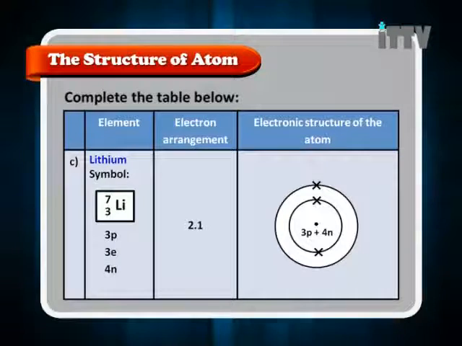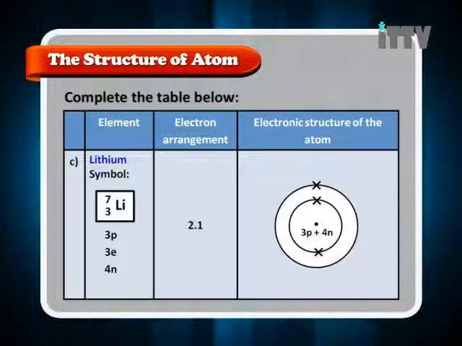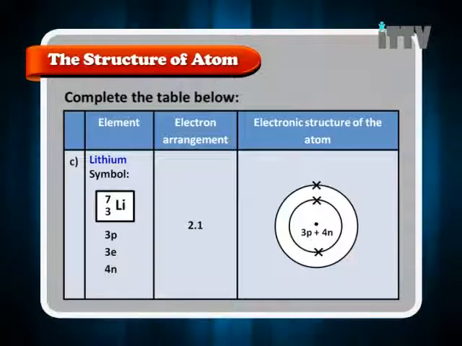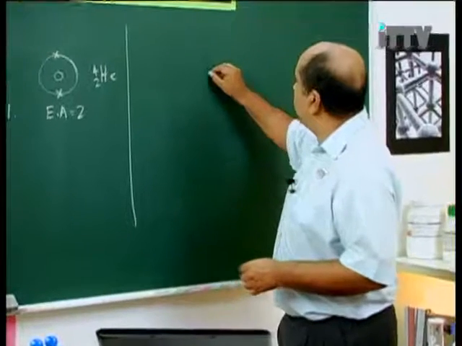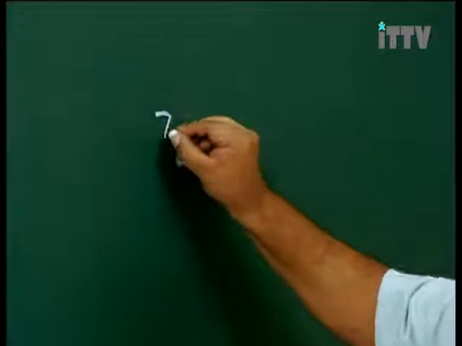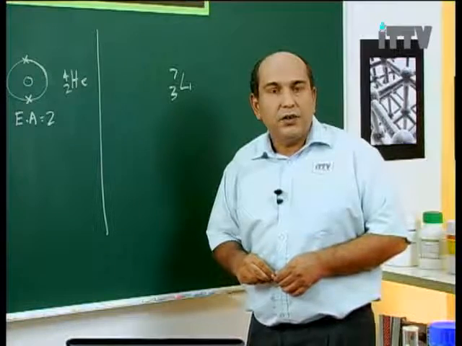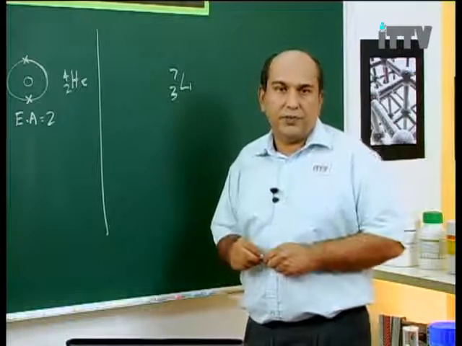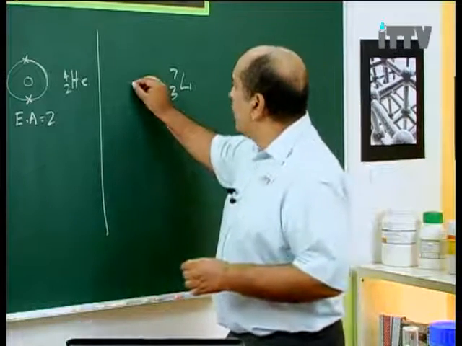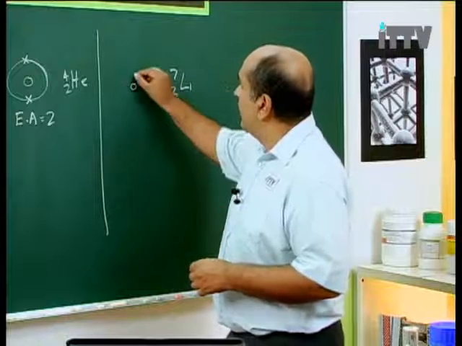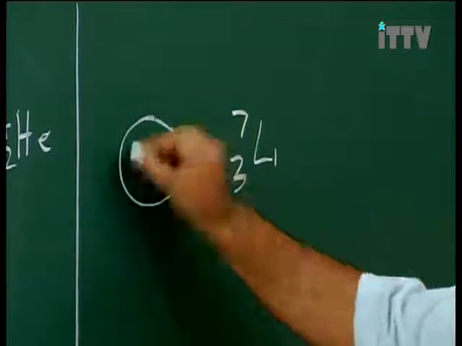Let's move on and try a slightly more complicated one. Lithium, symbol 7,3. So let's put lithium up here, 7,3, which means we have 3 protons, which means I have 3 electrons. We'll start by drawing the nucleus once again, the first shell.